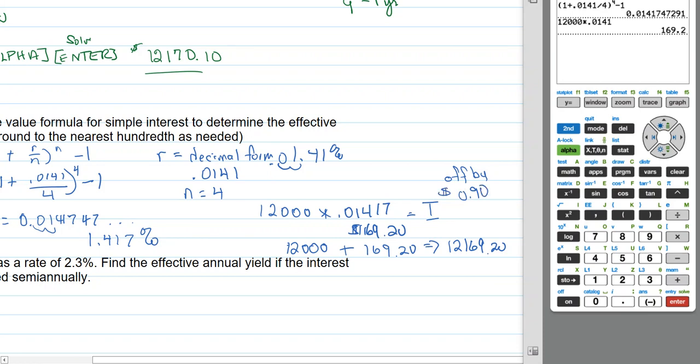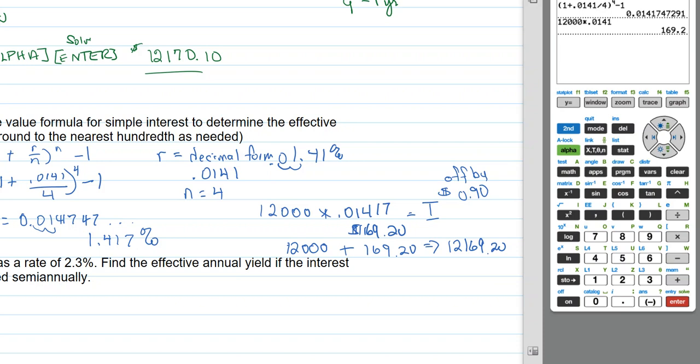And that would give me exactly what the program gave. So you can tell that you're earning a little bit more than you would have if we had multiplied it by the 0.014. So there you have it.